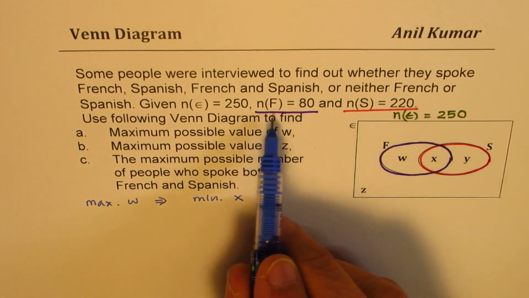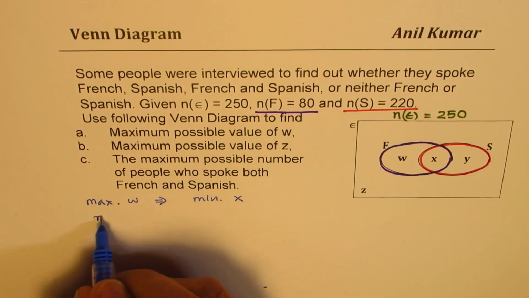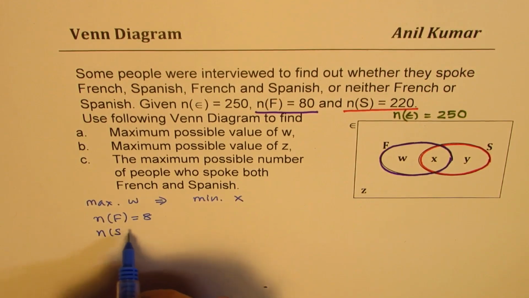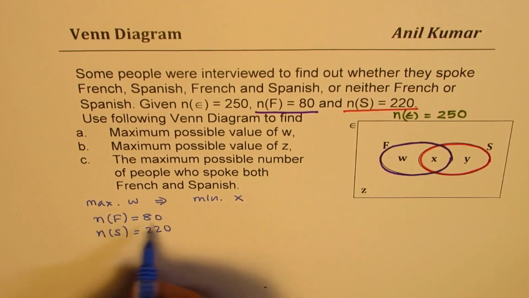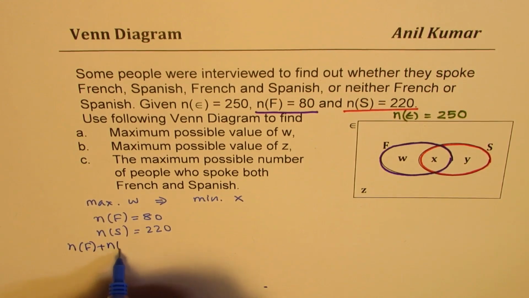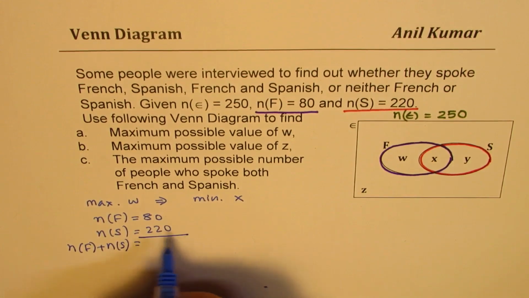Well, since we know these numbers, those who speak French is 80, those who speak Spanish is 220. If we add them up, what do we get? French plus Spanish gives 300, right?